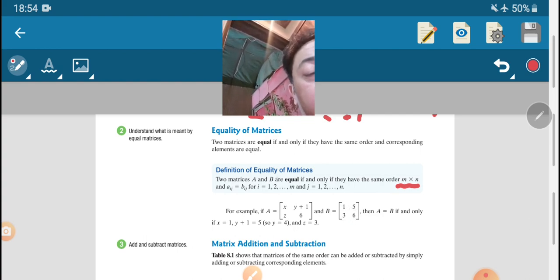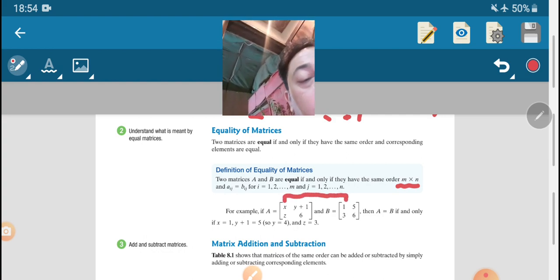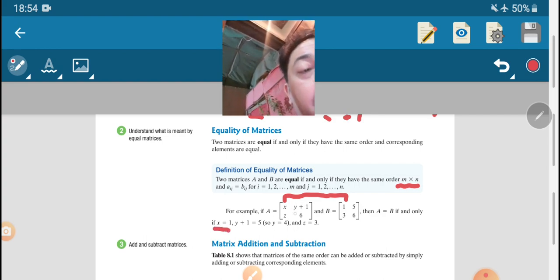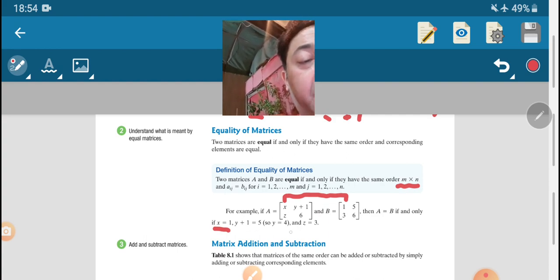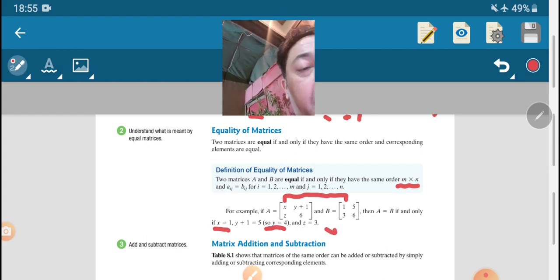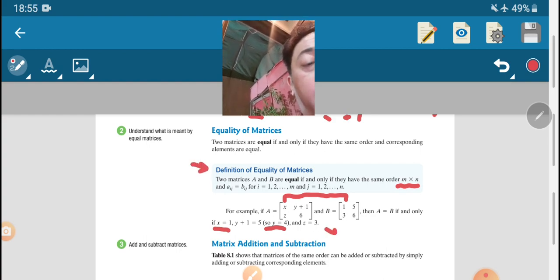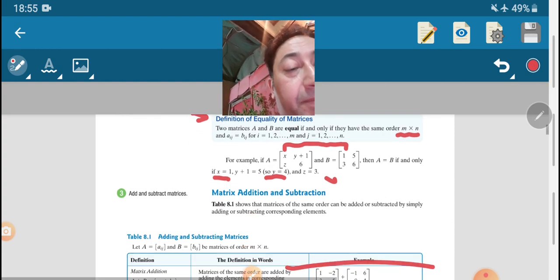It means the first member x must equal 1. y plus 1 is the same as 5, so y equals 4. 6 is the same as 6, and z on the left-hand side is the same as 3 on the other side. We have learned what the word equality means.